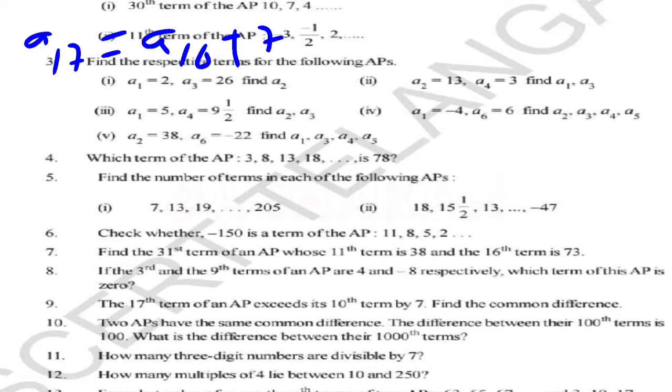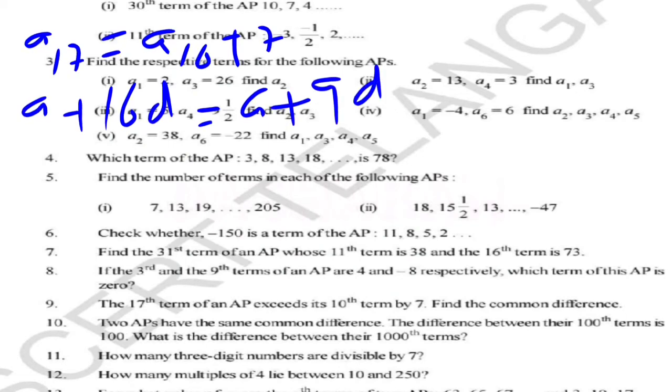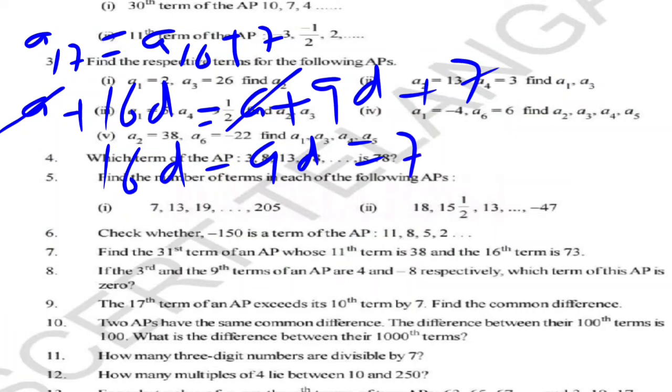Find the common difference. So that means a plus 16d equals a plus 9d plus 7. Here the plus a cancels directly. 16d minus 9d equals 7. 16d minus 9d is 7d, it equals 7. d equals 7 by 7, answer 1. So the d value is 1.